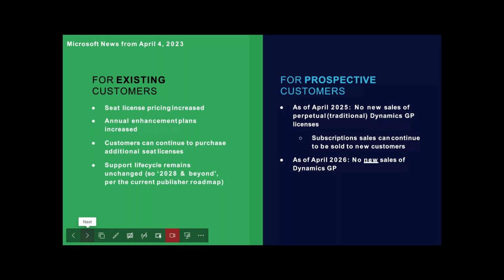If you're an existing customer, the left side of this slide is all that pertains to you. You can roll forward as you have been doing with your solution. If you hear dates pertaining to existing customers of April 25 or 26, those dates are not applicable and the source is incorrect. Existing customers rolling forward status quo with a little inflationary pressure on pricing.